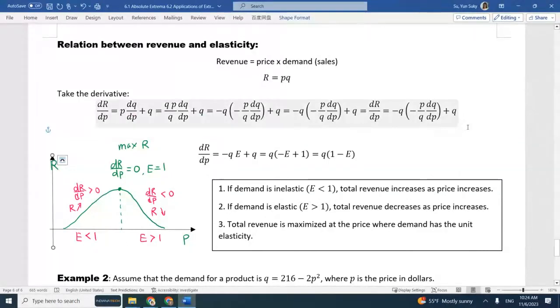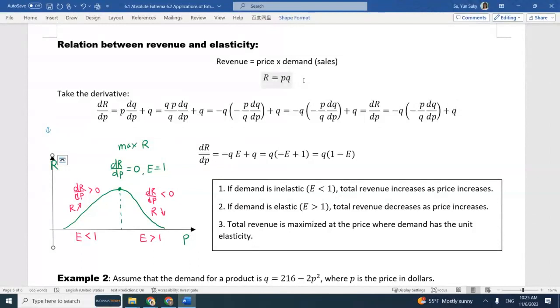So R equals P times Q. And then profit is revenue minus cost. You see, Q, the demand, depends on the price P, right, everybody? So R and Q are functions of P.